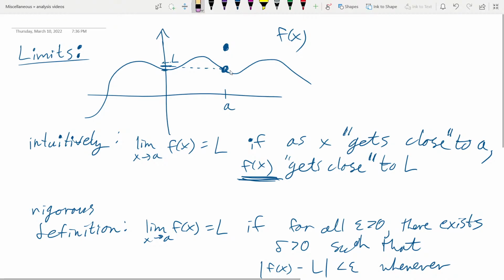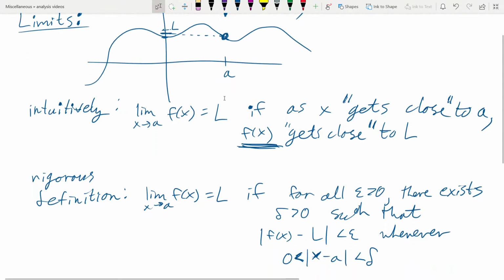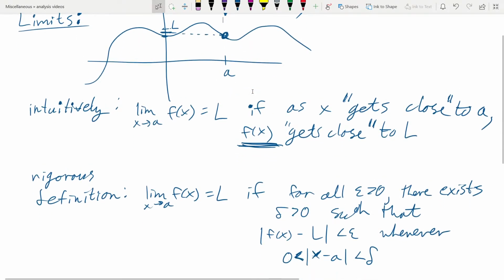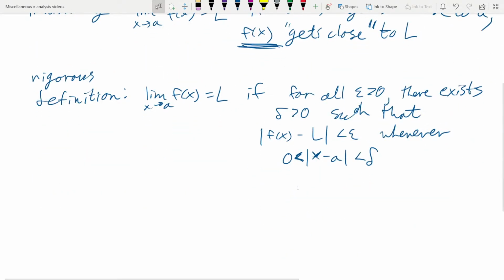But the idea of the limit is sort of stable under changing this value at the point at which we approach. So we don't really care about the value that it takes or whether it takes any value at all at this point. It's just what's happening nearby which is important.